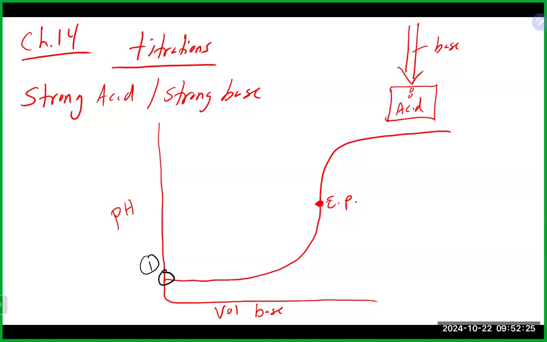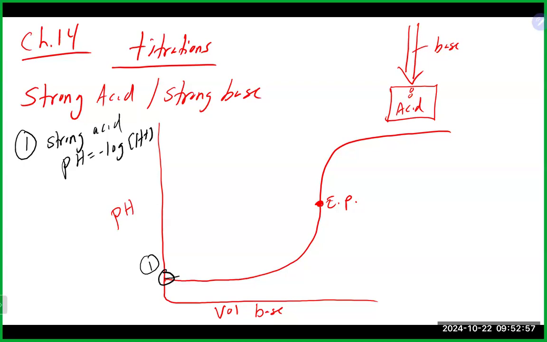To figure out the pH at the beginning, because all you have is a strong acid, you can go right into your pH equation, since that strong acid provides the H+ concentration. You haven't added anything at that point, so you just have a strong acid sitting there in the beaker. You get the H+ concentration and go right into the pH equation.